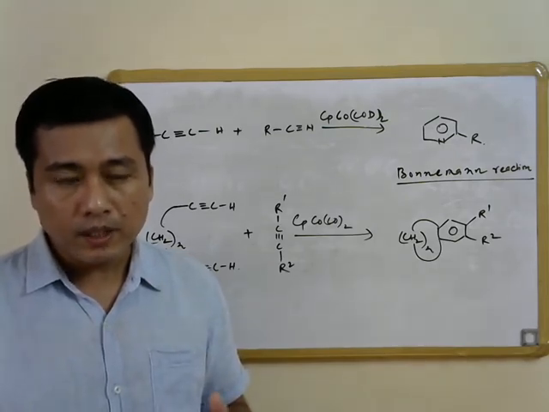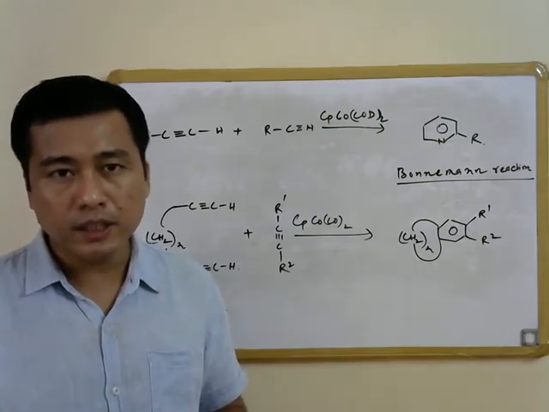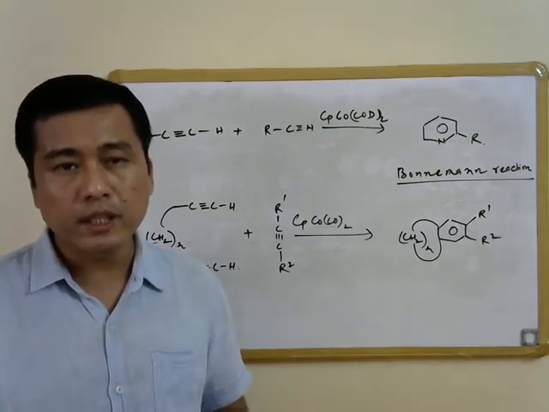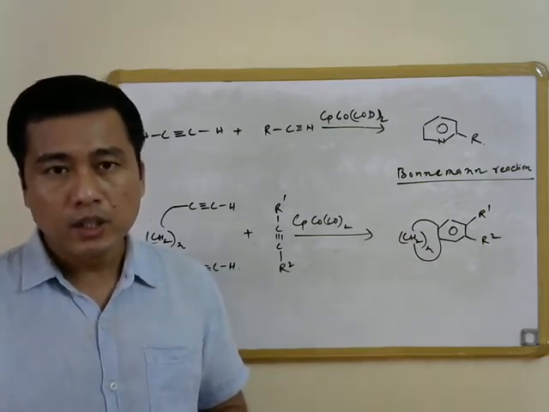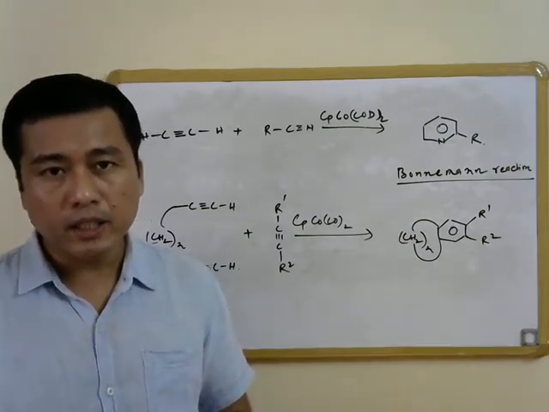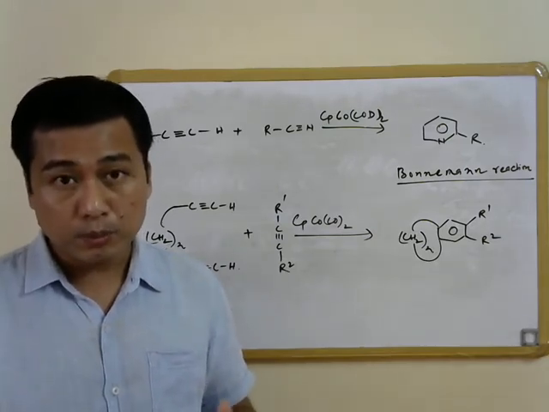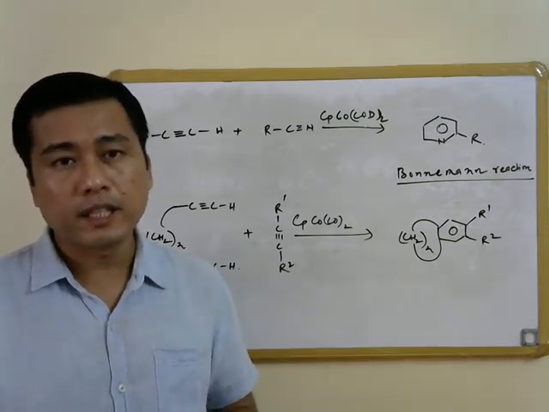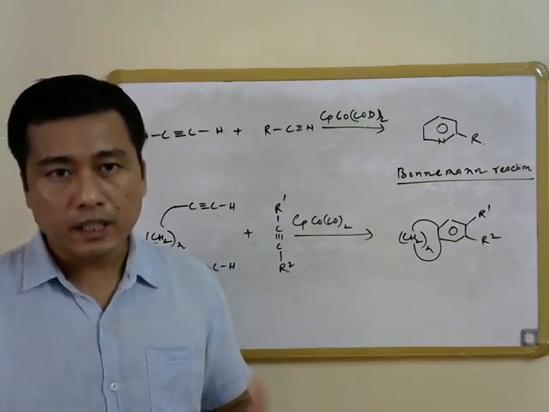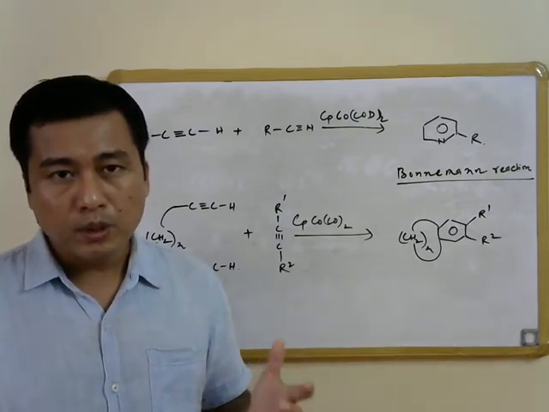And this approach again has a lot of synthetic utility. We have seen that one can make an electrophilic alkylating reagent by using propargyl alkyne, and this way the propargyl cation can be formed, and this propargyl cation, which is coordinated to the cobalt center, acts as an electrophilic alkylating reagent which can alkylate ketones as well as enol acetates.